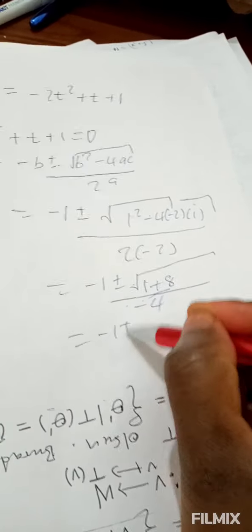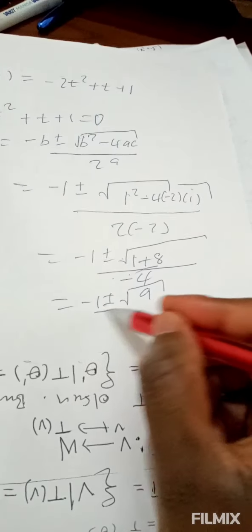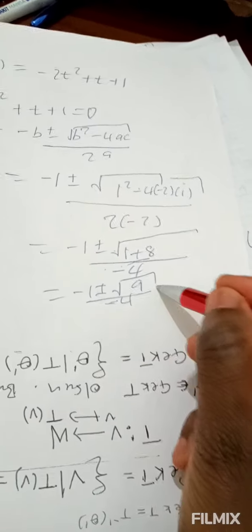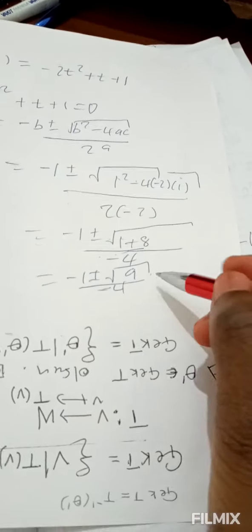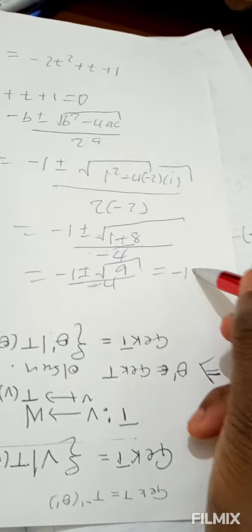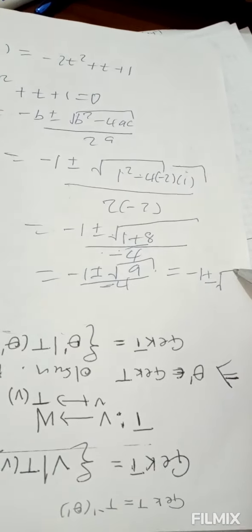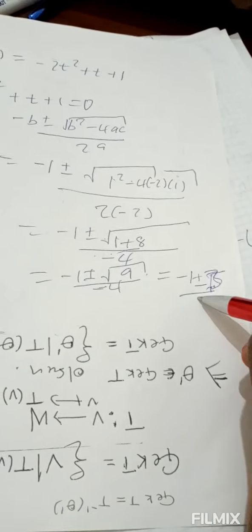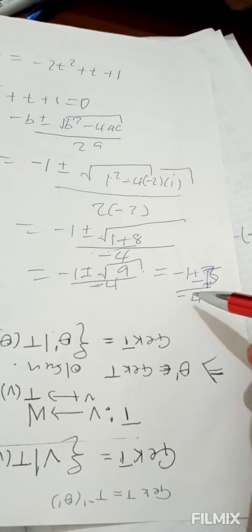So minus 1 plus or minus the square root of 9 over minus 4. The square root of 9 is 3, so 3 over minus 4.